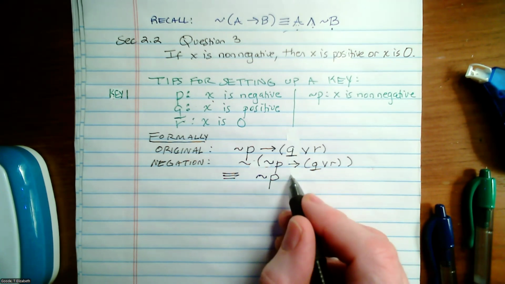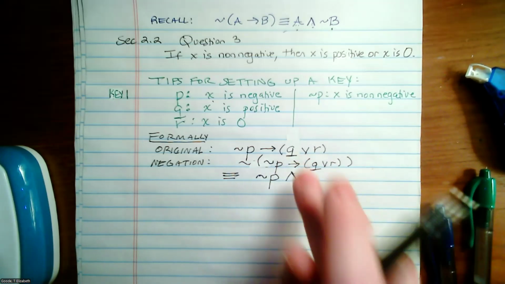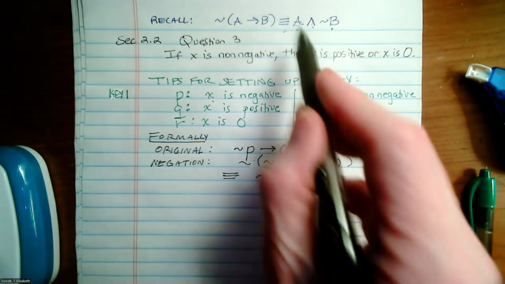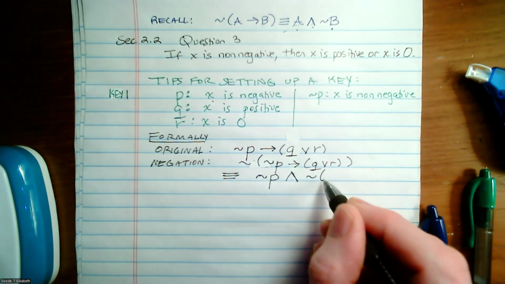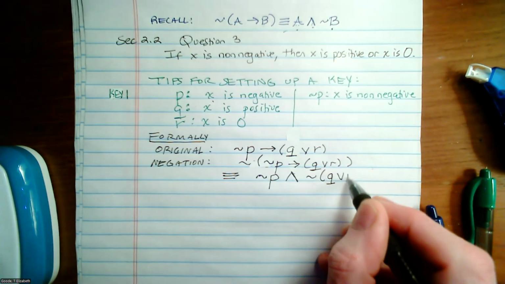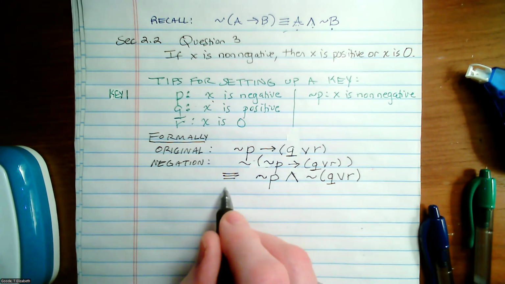But not the arrow. We're not going to write the arrow. Nope. We're going to write and. And then B is Q or R. So we're going to negate Q or R. So does that become Q and R?